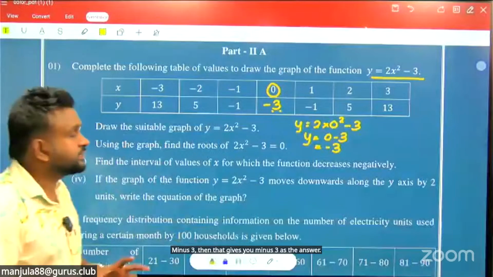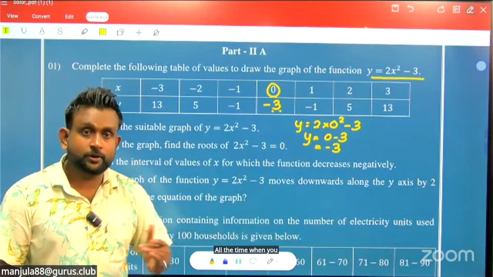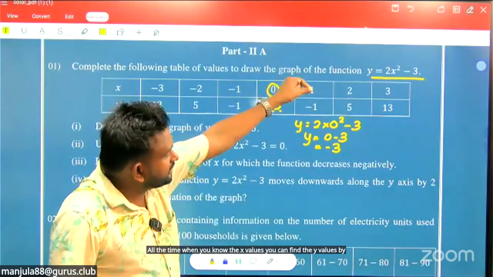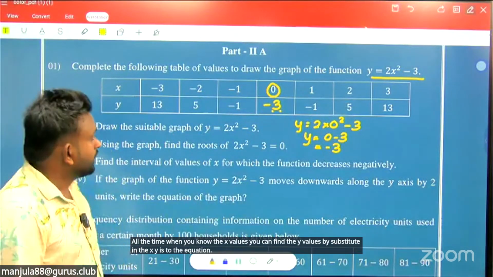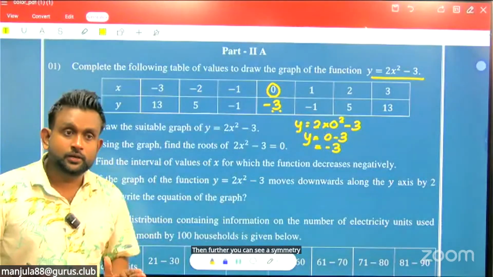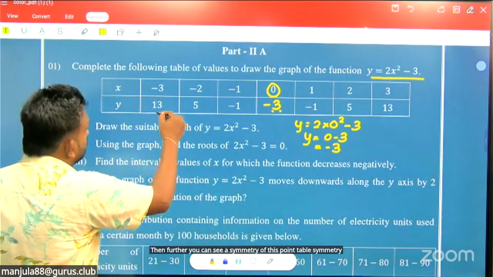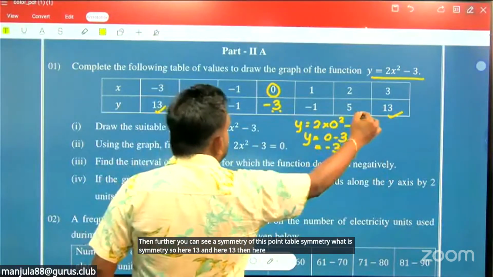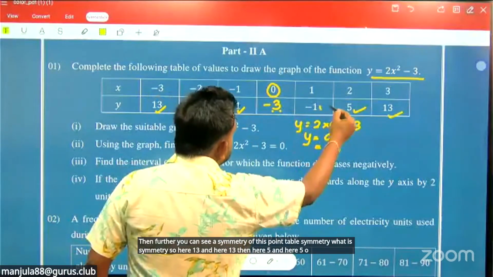Okay, all the time when you know the x values, you can find the y values by substituting the x values into the equation. Further, you can see a symmetry in this table of points. What is symmetry? Here 13 and here 13, then here 5 and here 5, here -1, here -1.